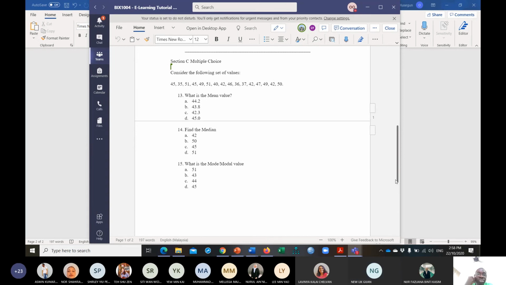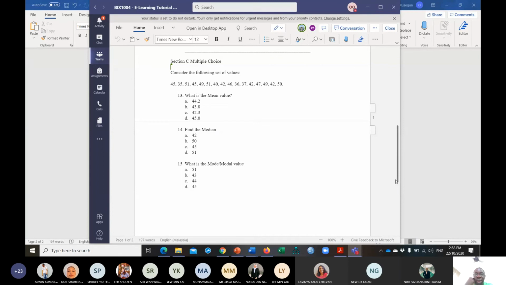How many data points do we have? 1, 2, 3, up to 16. So 45 and 45 are in the middle. Yes, the 8th and 9th. Okay.